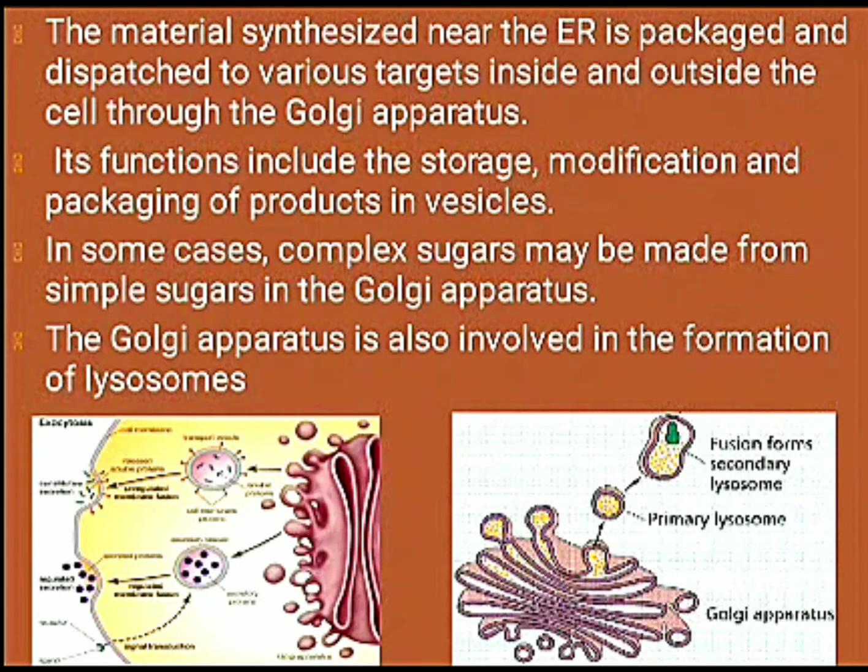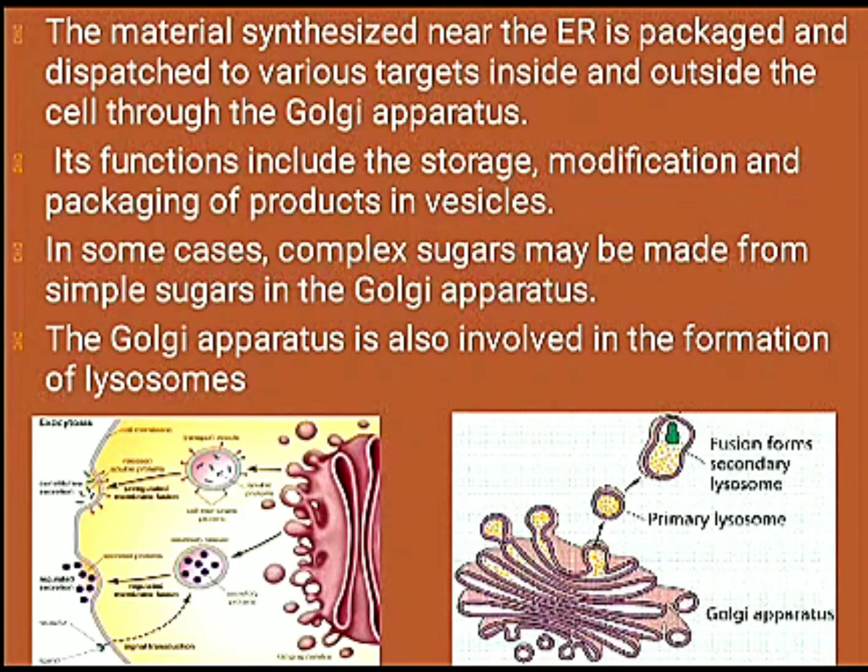Its functions include the storage, modification and packaging of products in vesicles. In some cases, complex sugars may be made from simple sugars in the Golgi apparatus. It is considered that the Golgi apparatus is involved in the formation of lysosomes.